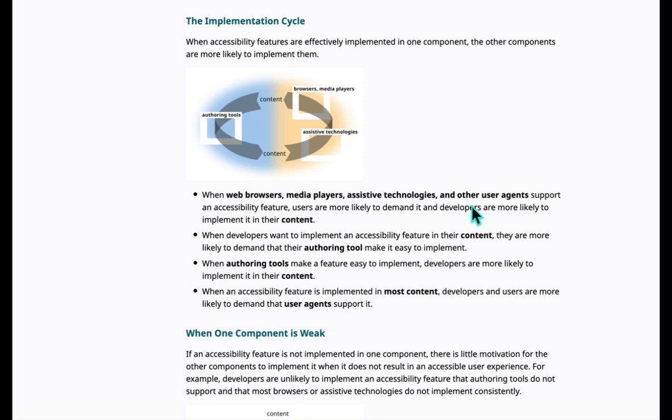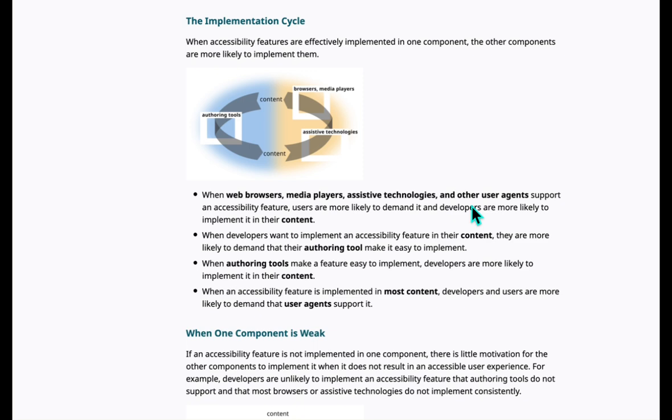So when reading further, when browsers, media players, assistive technologies, and other user agents support an accessibility feature, users are more likely to demand it and developers are more likely to implement it in their content. When developers want to implement an accessibility feature in their content, they are more likely to demand that their authoring tool make it easy to implement.